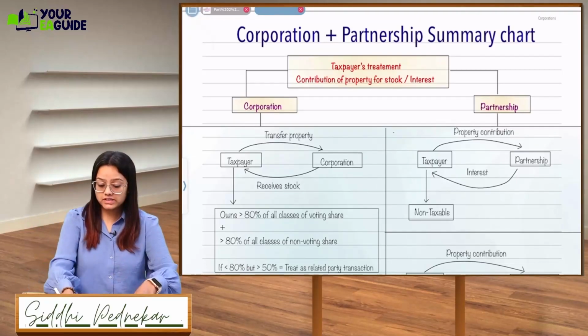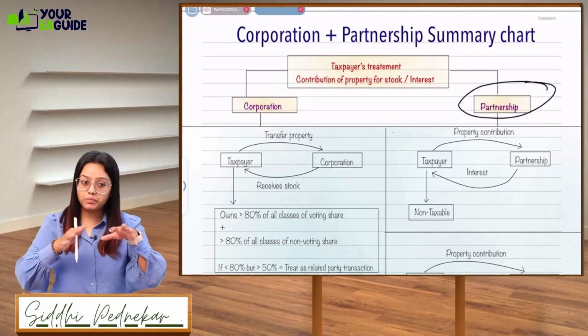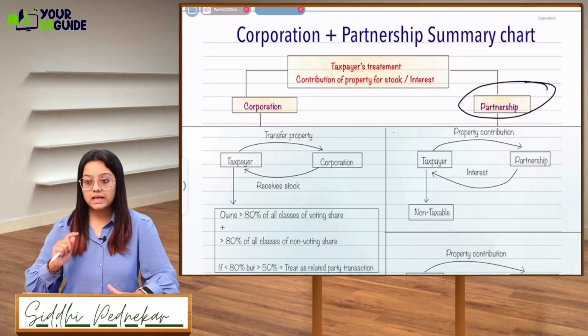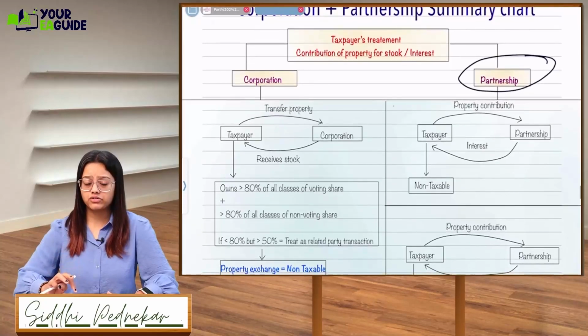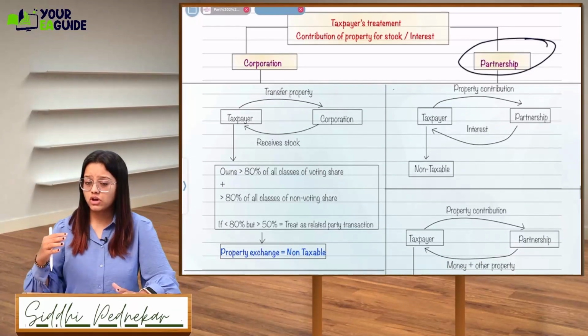If we first read the right-hand side, the corporation we are also going to do today. But first let's understand partnership, where there will be three scenarios, in the same format I explained in class.